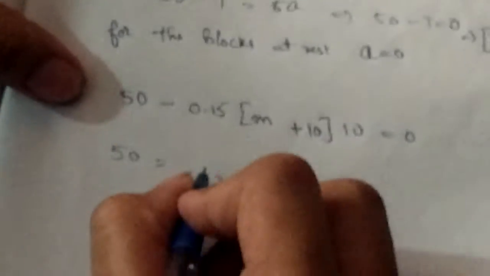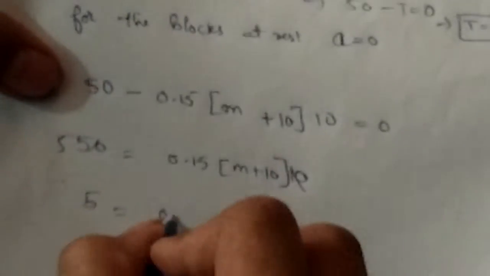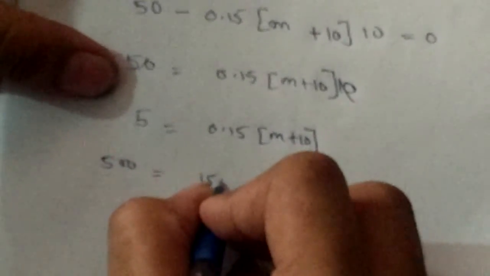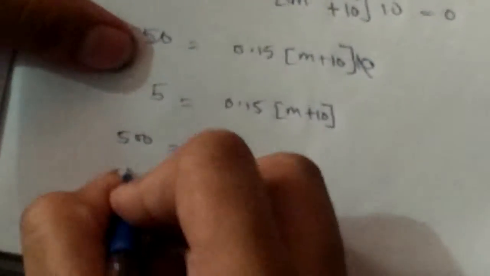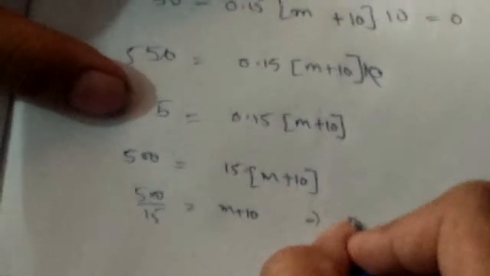Now 50 is equal to 0.15 into m plus 10 into 10. 500 is equal to 15 into m plus 10. 500 by 15 is equal to m plus 10. It implies m is equal to 500 by 15 minus 10, which is nearly equal to 23.3 kg.